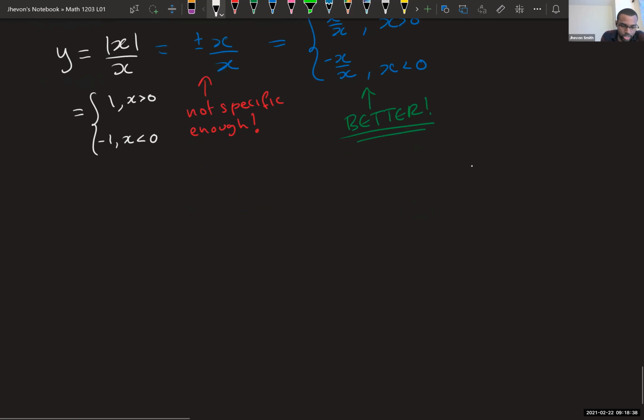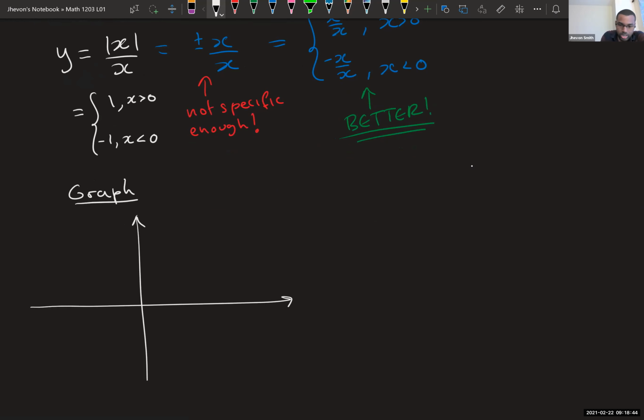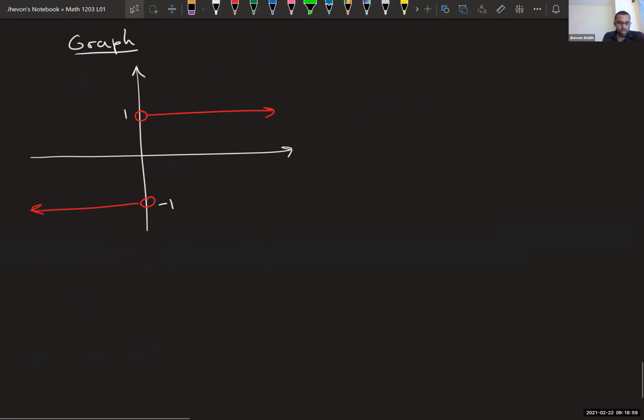And so now you can just go to the graph. Of course, you should know what the graphs of 1 and -1 look like, right? That's at 1, which is just a horizontal line, and -1 on the right. And clearly from that, you see the right and the left don't match up.